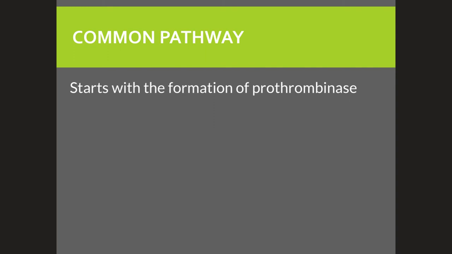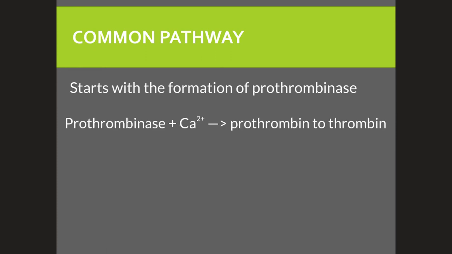The beginning of the common pathway is marked by the formation of prothrombinase. Once prothrombinase is made, prothrombinase and calcium can catalyze the conversion of prothrombin to thrombin. One thing to note is that when you see a protein that has a pro in front of it, that means it's unactivated or inactive. It needs to be activated.